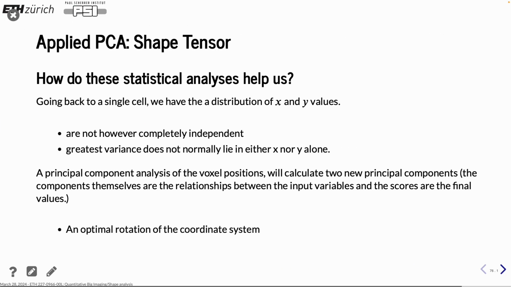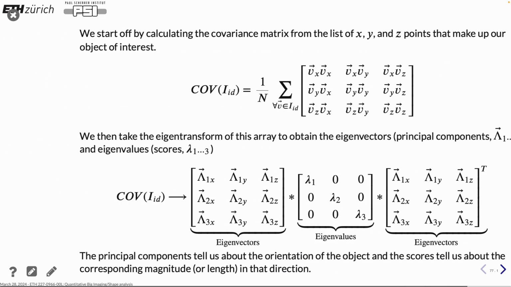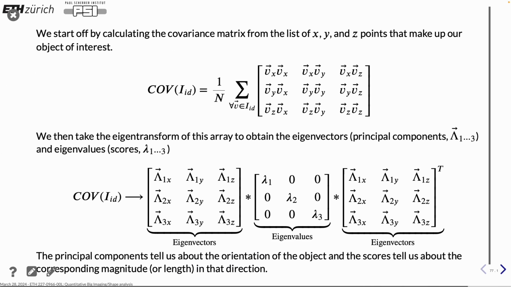And another way of using the principal component is to compute the shape tensor. And that one can tell us how the object is oriented. And in principle, we bring up the vectors here. In principle, the covariance matrix can provide an orientation.